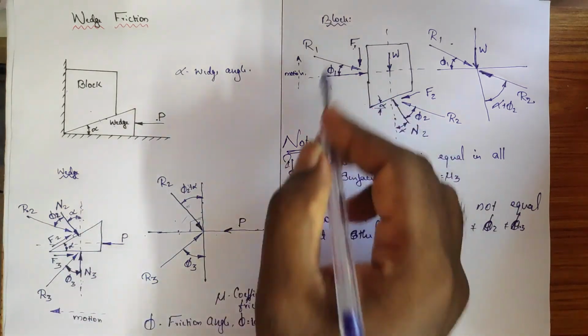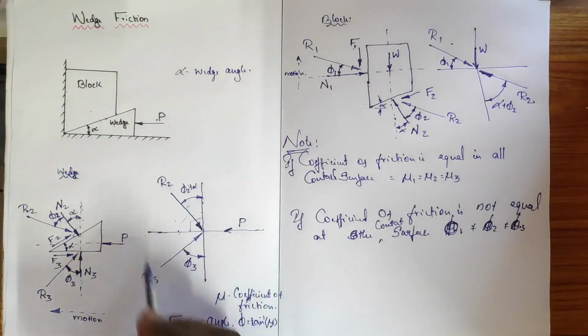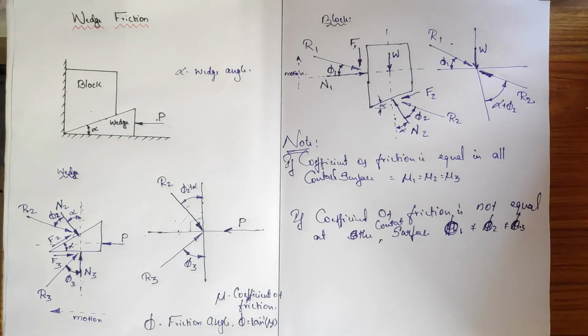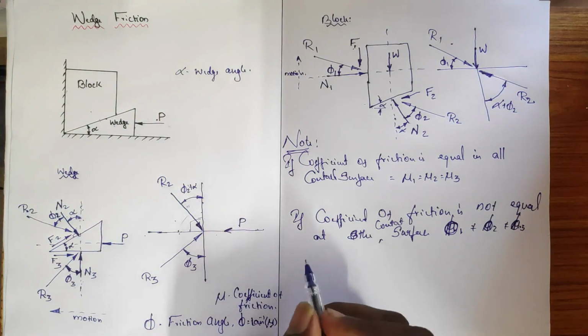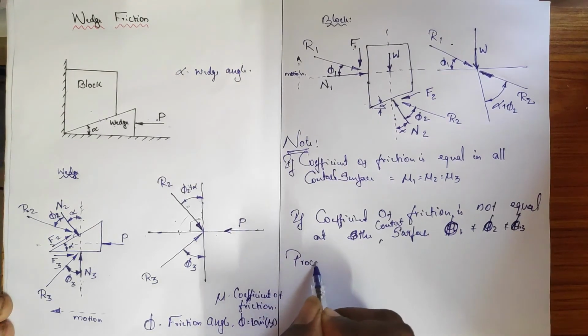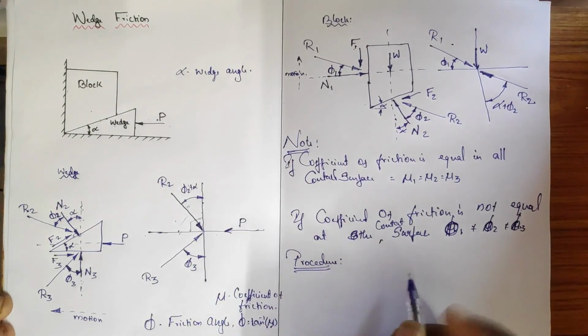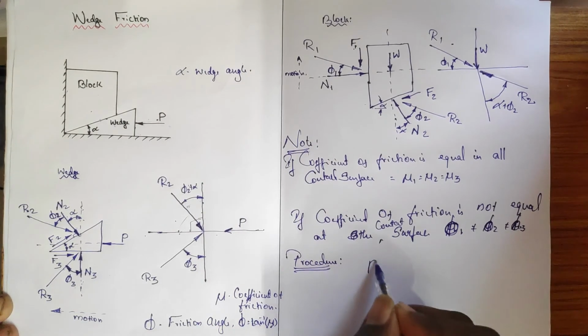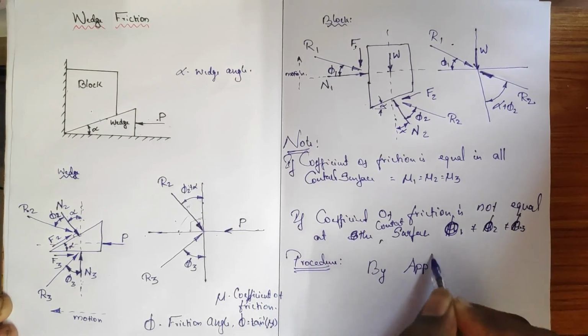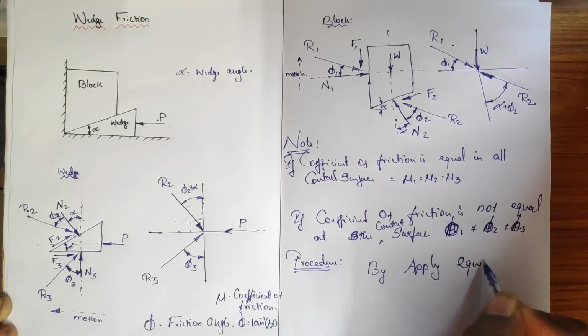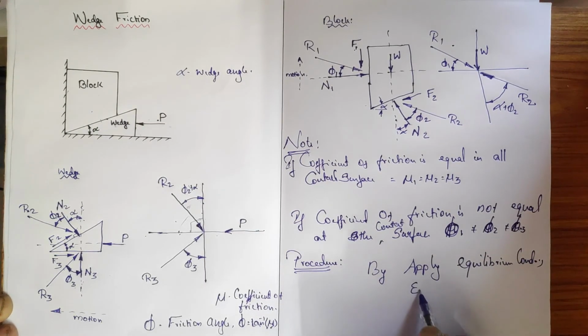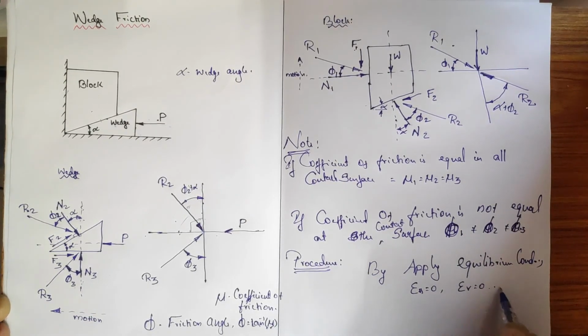If you understand this particular thing, it will be easier to resolve the problem and identify the applied force. The procedure in the problem will be by applying the equilibrium conditions. So the method is the resolution of force method. Here the sum of horizontal forces is equal to 0 and the sum of vertical forces is equal to 0. These are the steps involved in wedge friction.